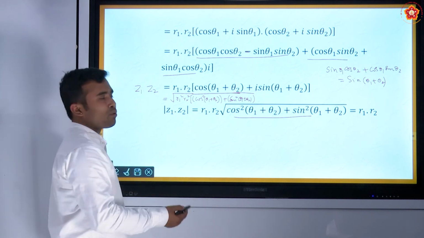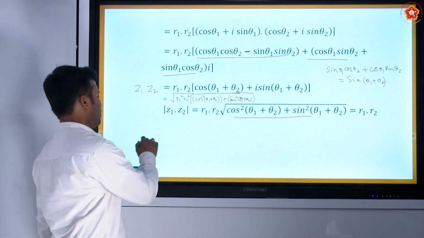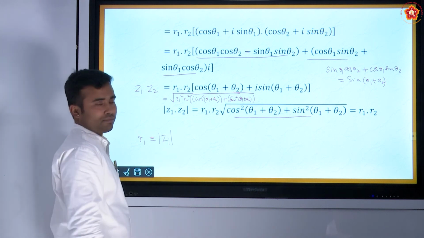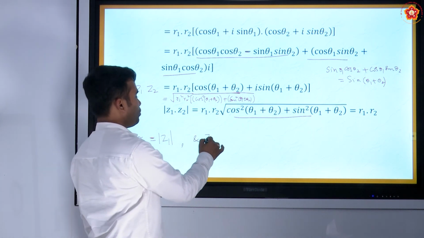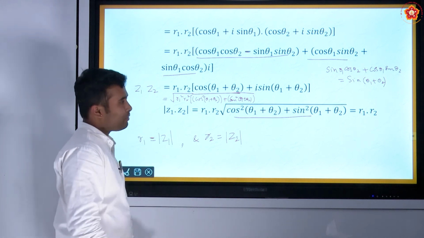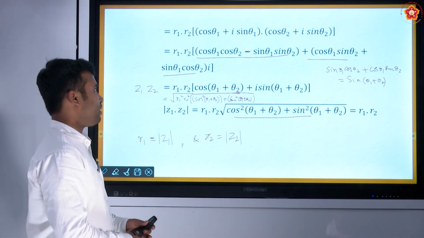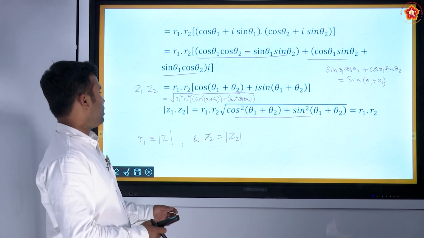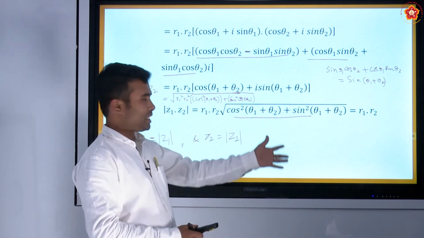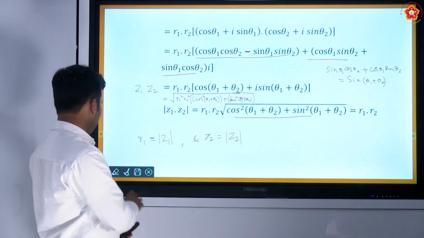So now what are R1 and R2? In the beginning we expressed that R1 is the modulus of Z1 and R2 is the modulus of Z2. This is what we expressed in the beginning of this proof. So hence we can replace R1 with modulus of Z1, and R2 with modulus of Z2.